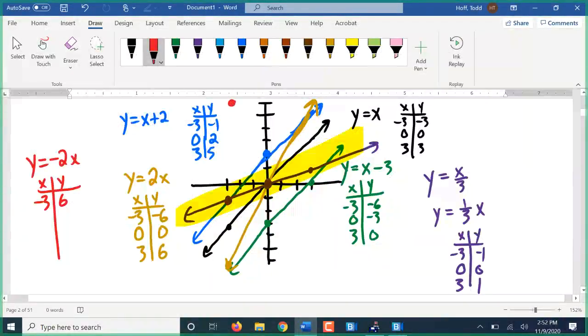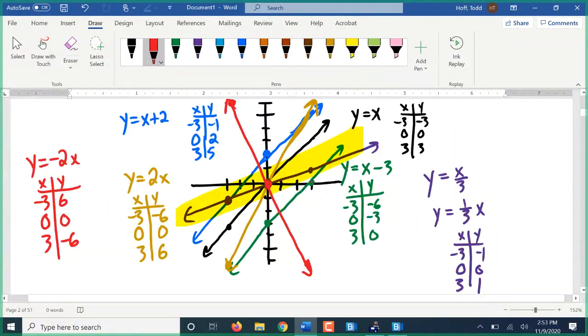So that'd be right there, -3, +6. If x is 0, well, -2 times 0 is still 0, so still through the origin. If x were +3, -2 times +3 is a -6. So +3, -6 is like that. So we get a line that goes down as we go across the graph.